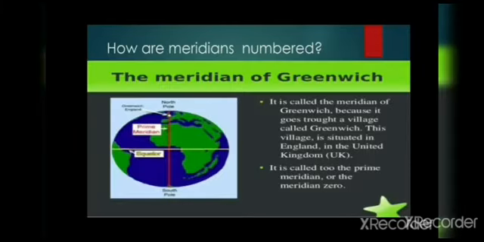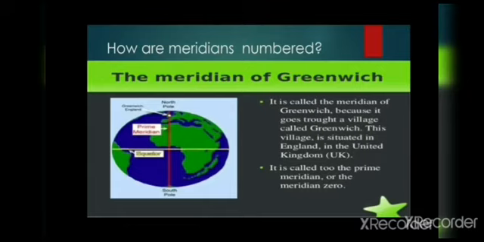Now children, we are going to learn how meridians are numbered. It is called the meridian of Greenwich because it goes through a village called Greenwich. This village is situated in England in the United Kingdom. It is called the prime meridian or the meridian 0. You have read that to number the parallels we start from the equator.